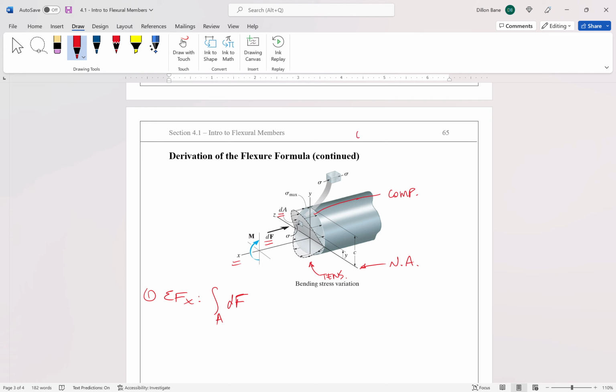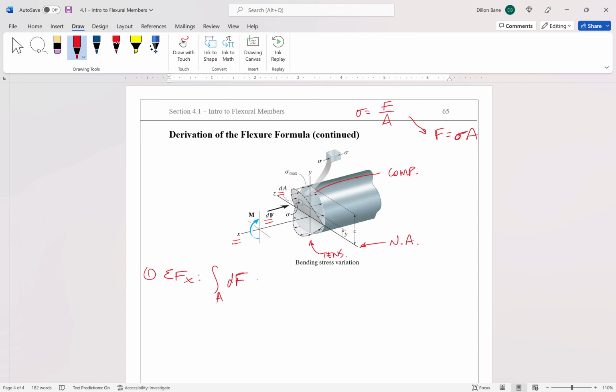If we know that sigma is equal to F over A, then we can say that F equals sigma times A. Plugging that in for dF, the integral over A of dF becomes the integral over A of sigma dA.